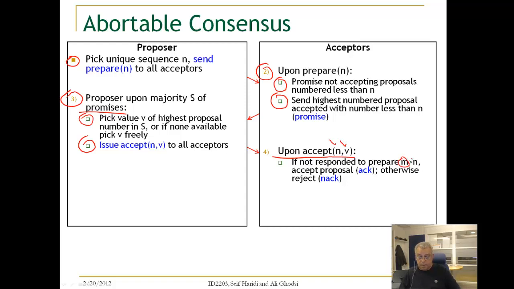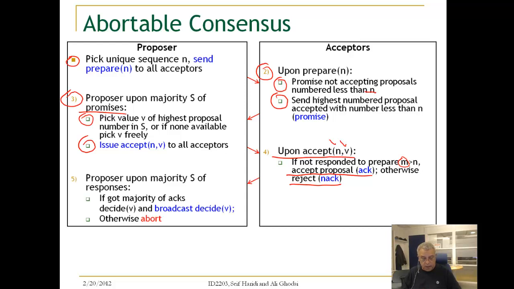Remember, if it has promised in the previous phase not to accept a proposal less than n, then here again, if it has not responded to a prepare m higher than n, it will accept this proposal. Otherwise, it will either ignore or reject the proposal. According to the algorithm, it can either ignore or reject the proposal, which is fine.